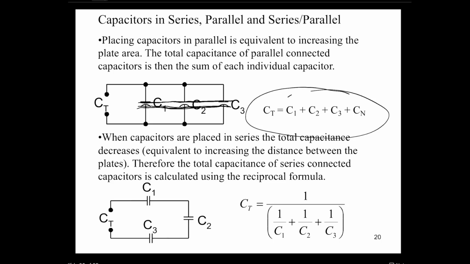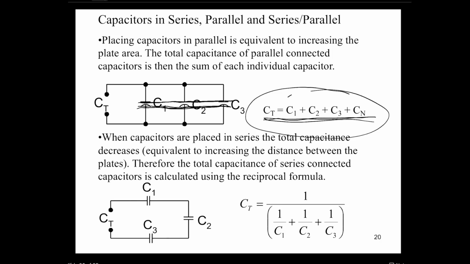You've increased the plate area such that every time you add another one, you've got more plate area, and we know that's going to result in more capacitance. So it's got to be an additive thing. So however you remember it, or whether you just consult your formula sheet, understand that parallel capacitances are simply added, or the sum of.